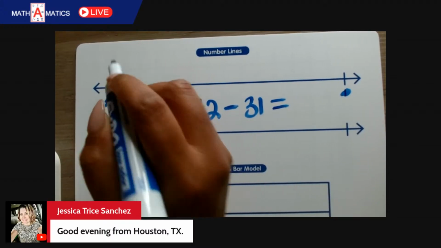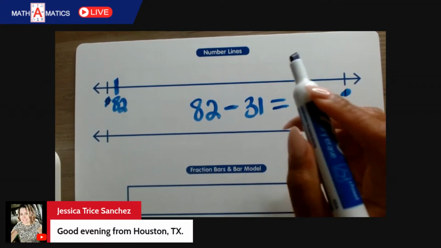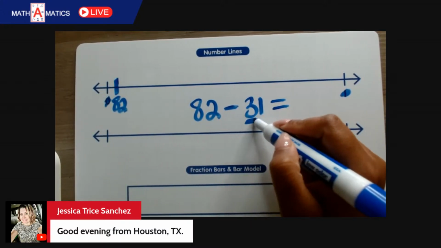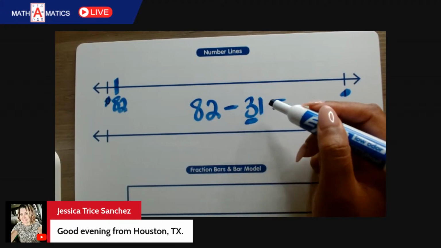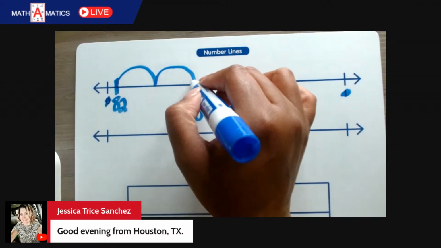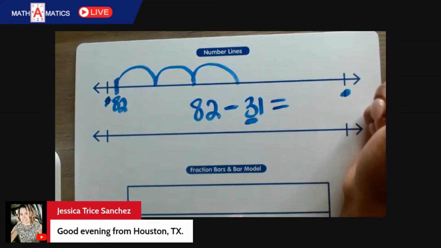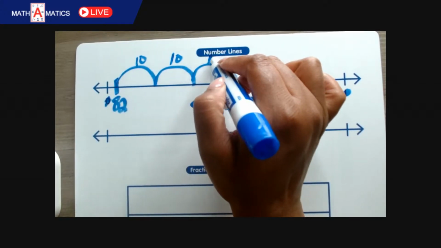So we're going to put our 82 here. And then I ask them, how many do we have in our tens place? And so I make sure they can identify. Since we have 3 tens, that means we have 3 big jumps of 10. And so we're going to put our 10 here, here, and here.